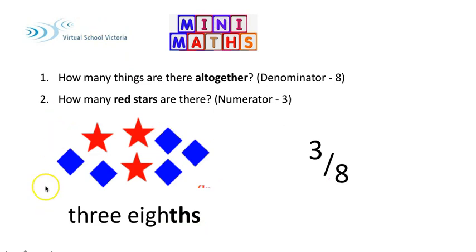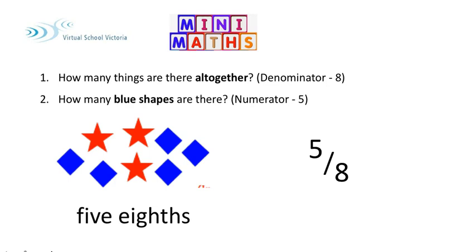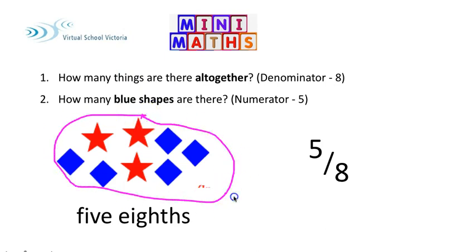Now, there are other things you can do with that group. Another way of looking at that group is having a look at the blue squares. And again, we have the whole group, 8 things altogether. The blue squares give us 5 things. So that is 5/8.